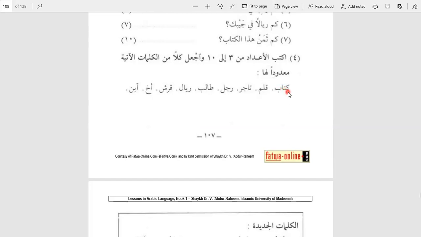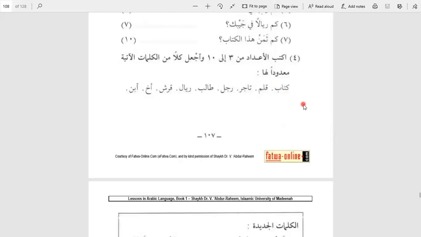So if it's kitabun, if there are 3 books, what do we say? If there are 4 books, what do we say? 5, 6, 7, 8, 9, 10. So you're going to do this as your homework. 3 books, because this is masculine, what do we say? We are using these in singular form, but when we write with numbers like 3 books, we say thalathatu kutubin.